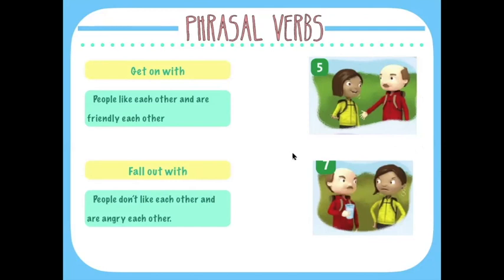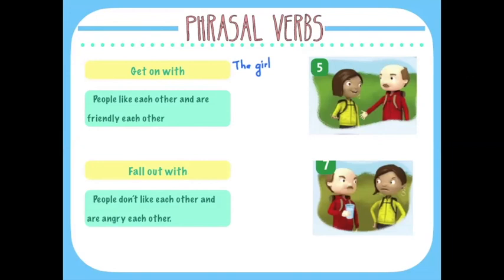So now, who wants to make a sentence with get on with and fall out with? Alejandro Casanova, with get on with. The girl with a yellow jacket get it on with the man with a red jacket. Say the sentence again, please.